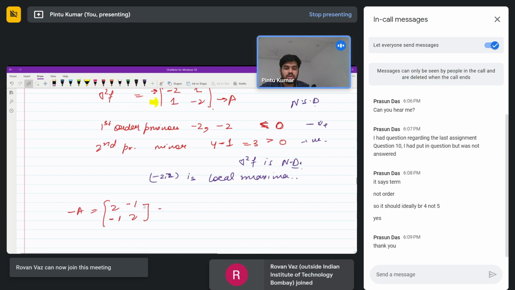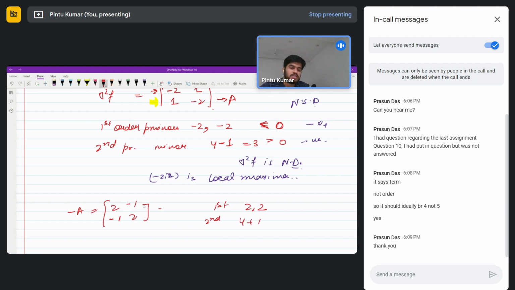Now if you look at the first order minors, these are 2 and 2. The second order minor, that is my determinant, is 4 minus 1, that is 3. So now there is no confusion, right? Because you just have to check that everything is greater than or equal to 0. Otherwise, the first one should be less than 0, the second one greater than 0, and this way you should reach an alternating pattern.